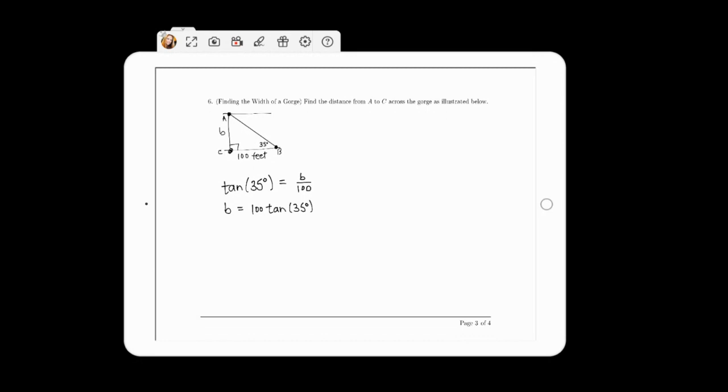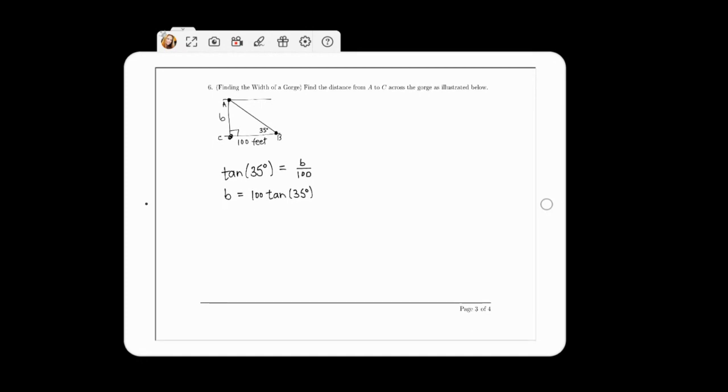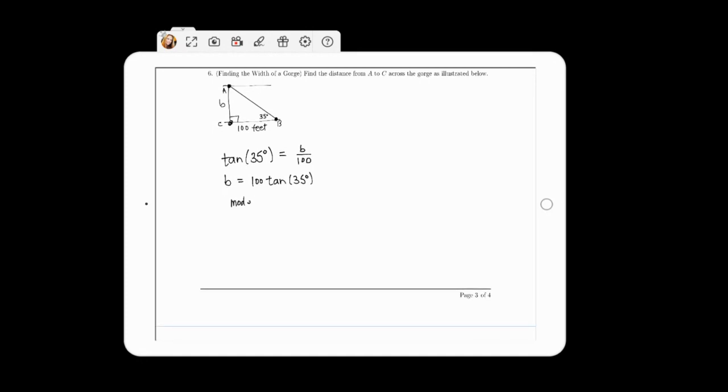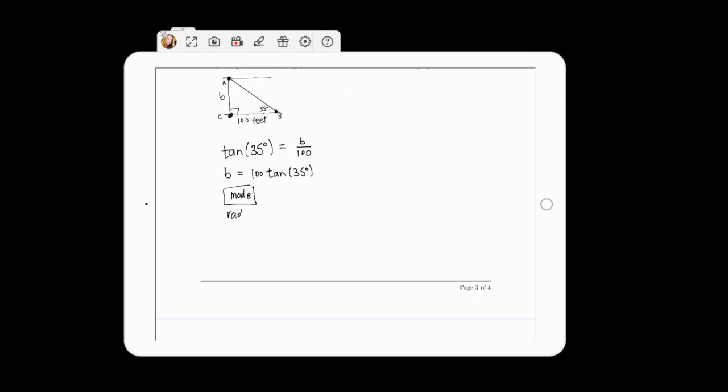But because I want to know the answer without tangent in it, I need to use my calculator. Again, that's because 35 is not one of my special angles. So if you have a TI-84, the first thing that you need to do is make sure you're in degree mode. Okay, so because this is given in degrees, hit the mode button on the calculator and then scroll down to where you see on the third line, it's either going to say radian or degree. So you need to make sure that degree is highlighted, okay?